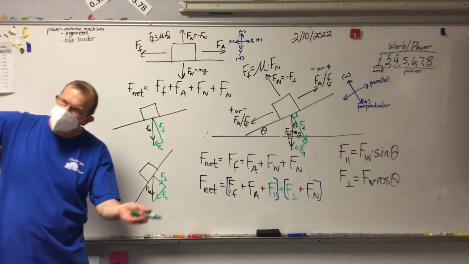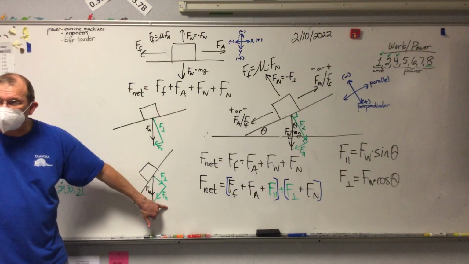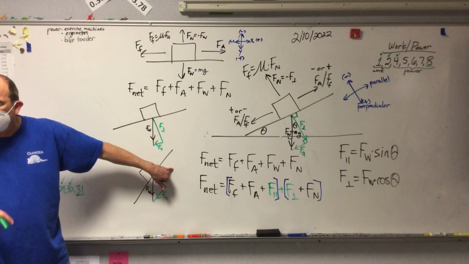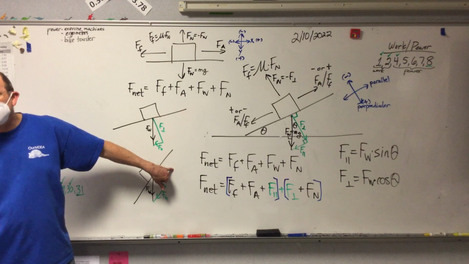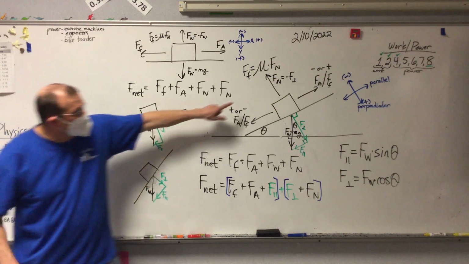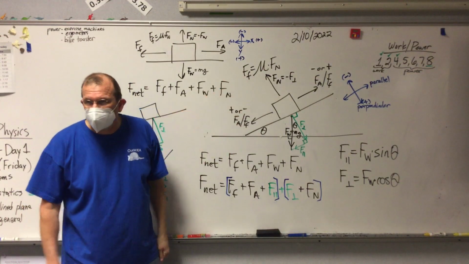So as you are tilting your inclined plane up, you are increasing the size of F parallel, but that is coming at the expense of F perpendicular, which is not really a bad thing, because if F perpendicular gets smaller, that means FN gets smaller, and FN is connected to how much friction you have.